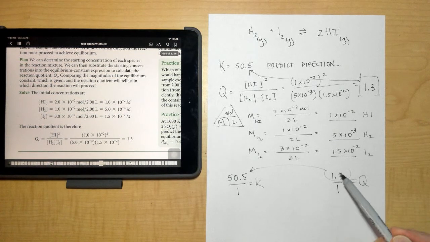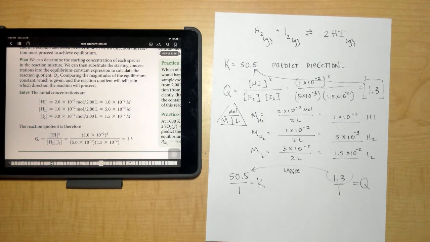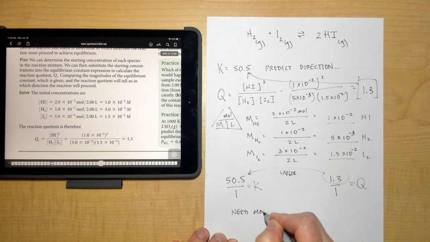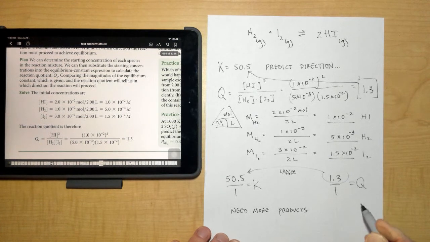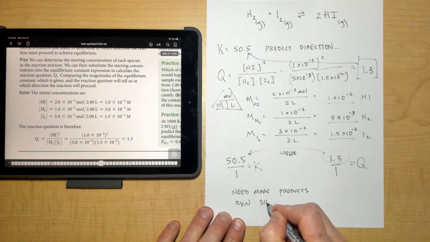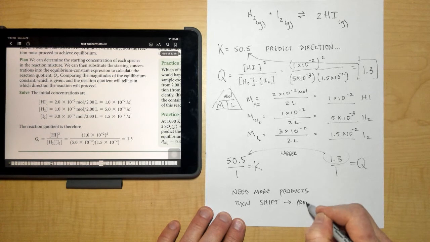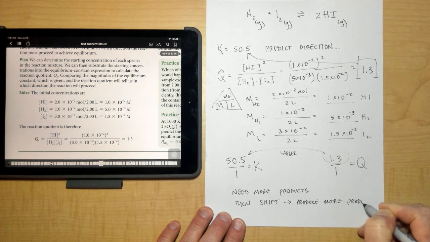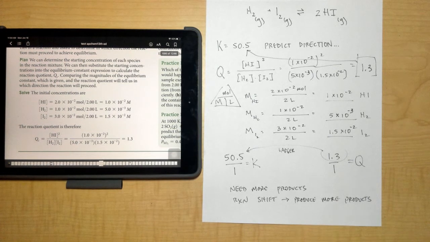So the products have to get larger to look like K. That means I will need more products to get to K. And so the fancy way to say this is that the reaction would need to shift or change or produce more products to achieve equilibrium, because right now I don't have enough.